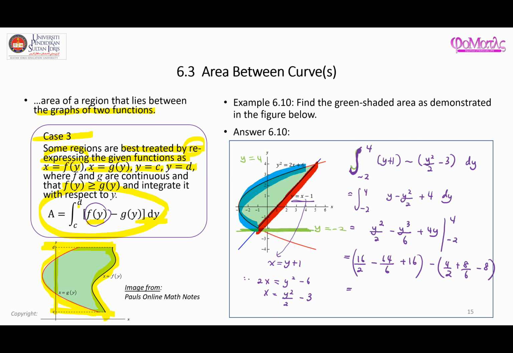If you punch these numbers into your calculator, you will get 40 over 3 minus negative 14 over 3. That gives us 40 over 3 plus 14 over 3, which is 54 over 3, equal to 18.